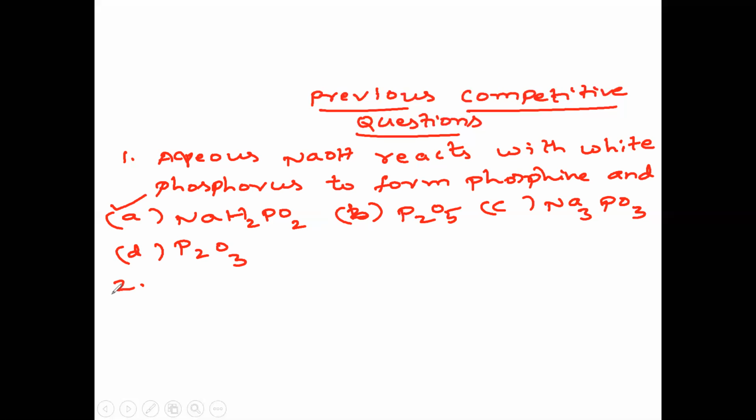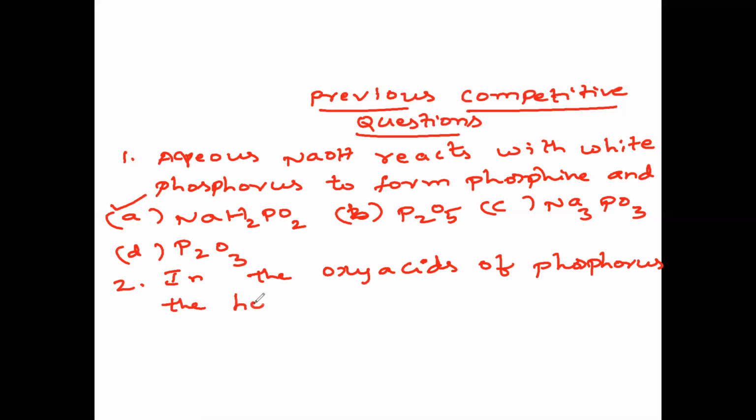Second question now, based on phosphorus. In the oxyacids of phosphorus, the hybridization of phosphorus is a very, very important question.